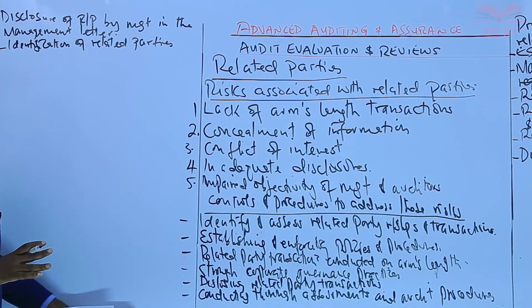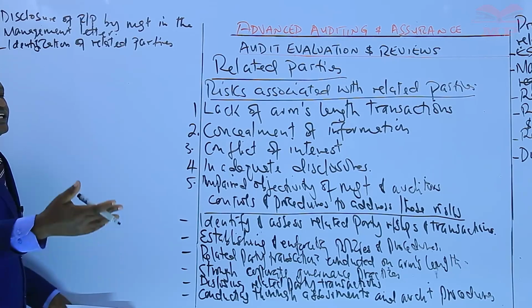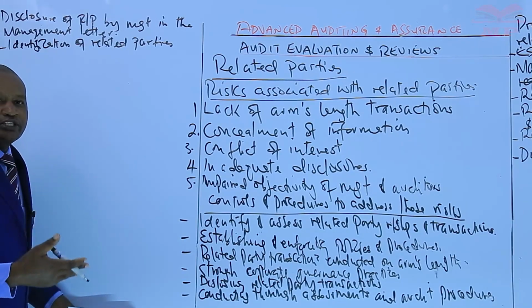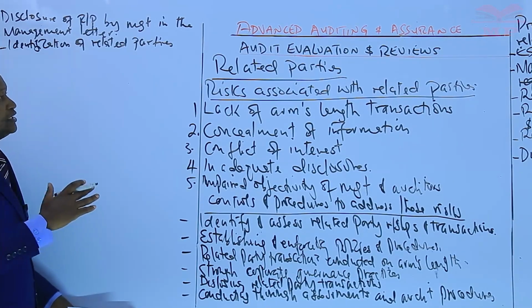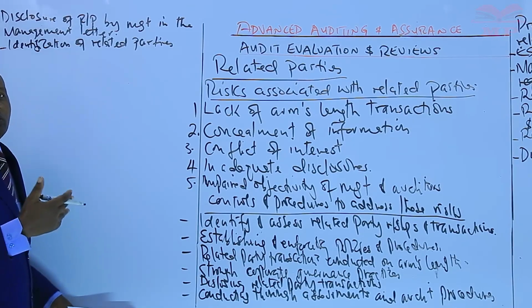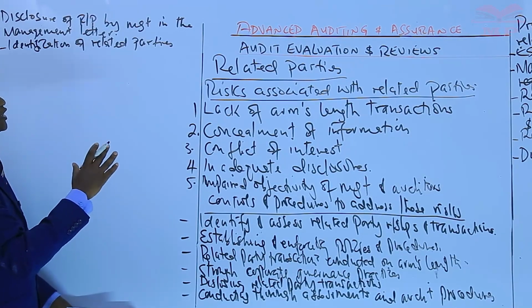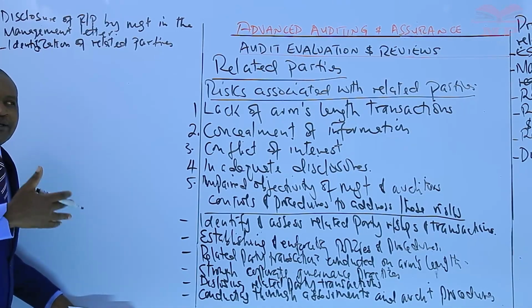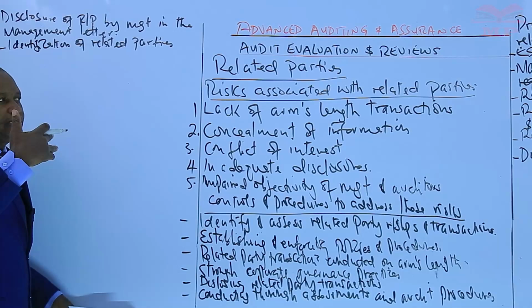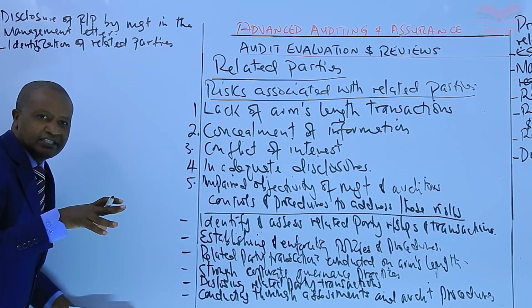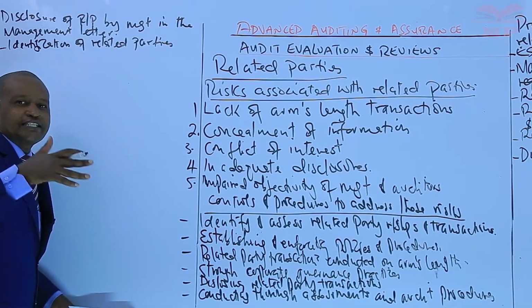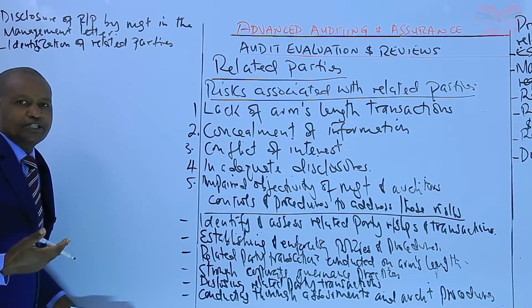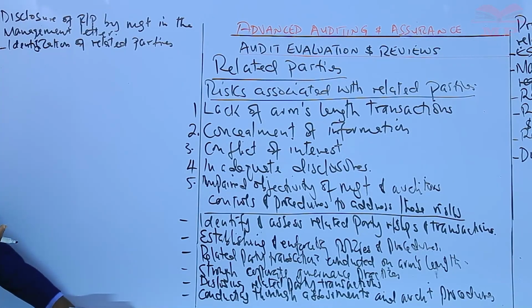Do you understand? Because candidates, there are applicable accounting standards that give guidance on the issues related to related parties. So within the management letter, the management represents that it has identified all related parties. All right?